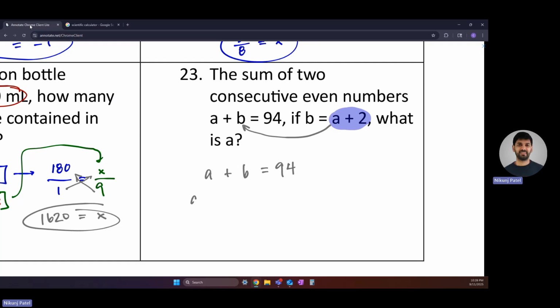And in the next step, we're going to say a plus, and instead of saying b here, we're going to say a plus 2, right? Because we're taking this b and switching it out with this entire thing right here. And then we still have equals 94, sorry.